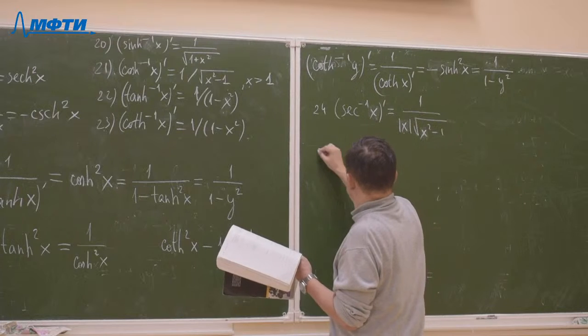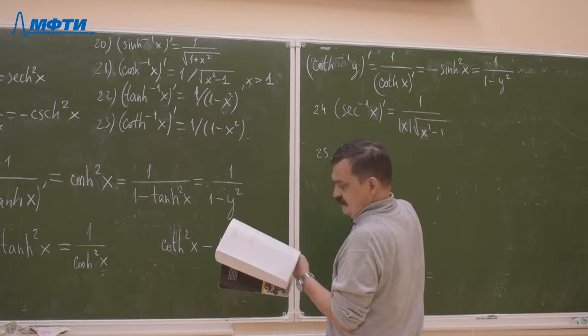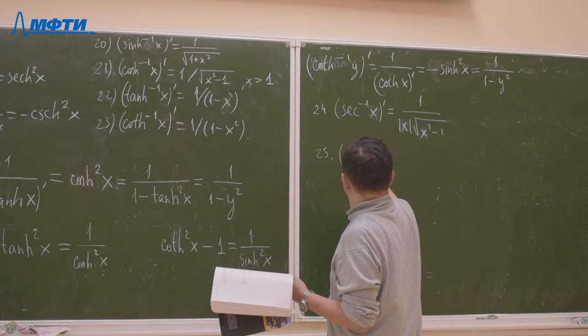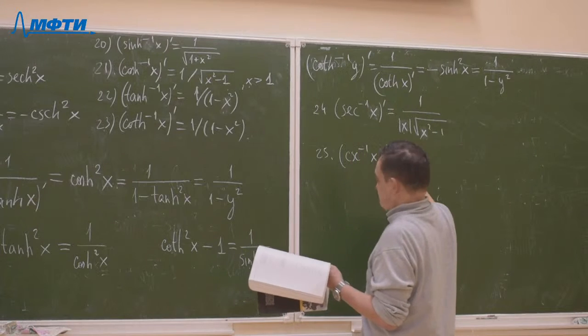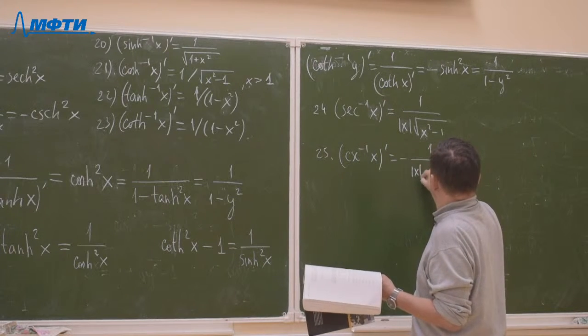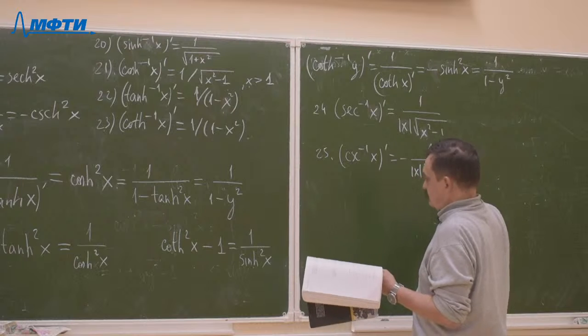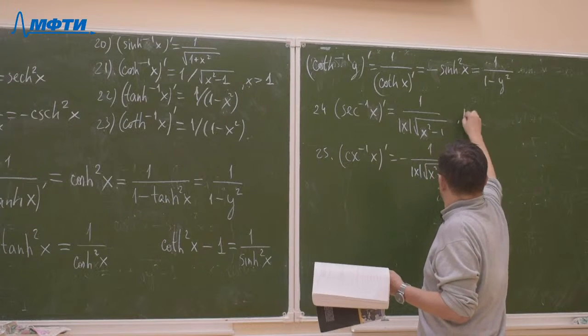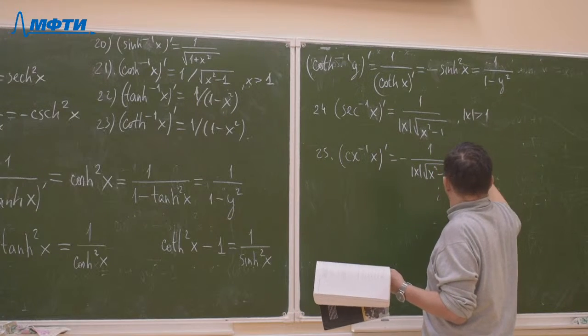Also number 25: cosecant minus 1 x is similar, with minus 1 over modulo x, for x modulo greater than 1.